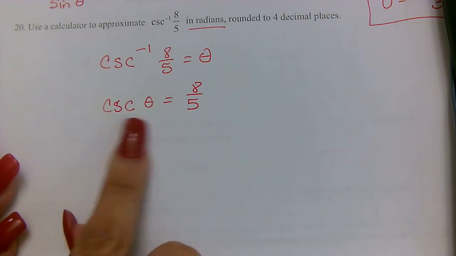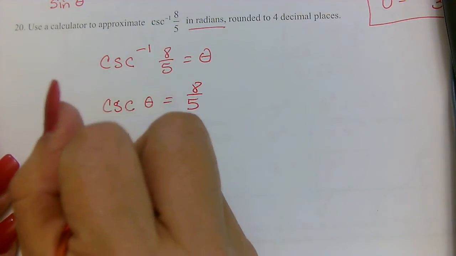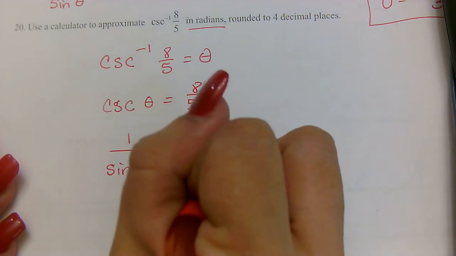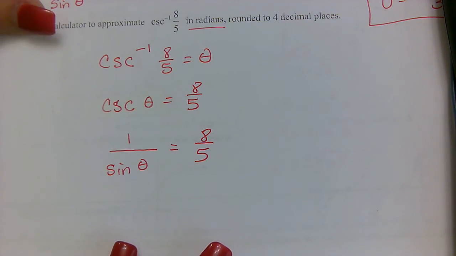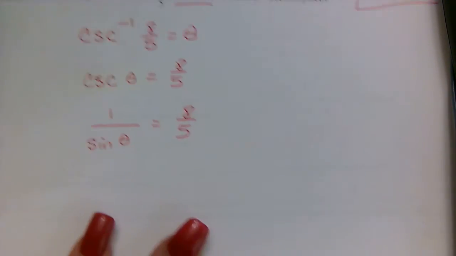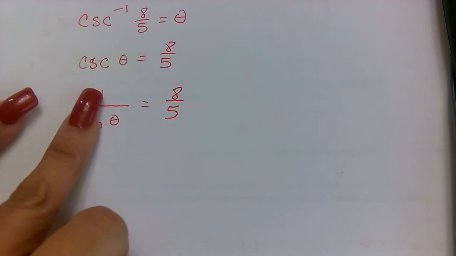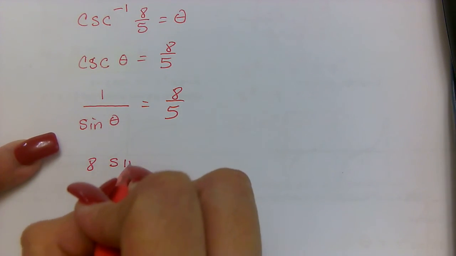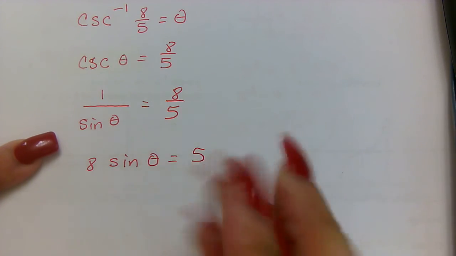Okay? Cosecant is the reciprocal of sine, so I can say 1 over sine theta is equal to 8/5. Again, use the butterfly method or whatever method you want to do and cross multiply. So it's going to be 8 sine theta is equal to 5.